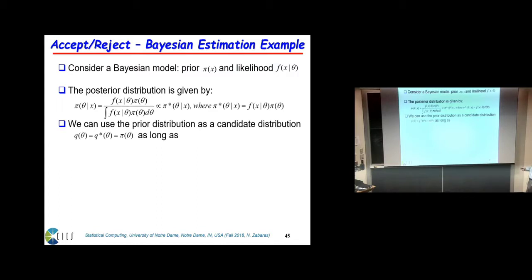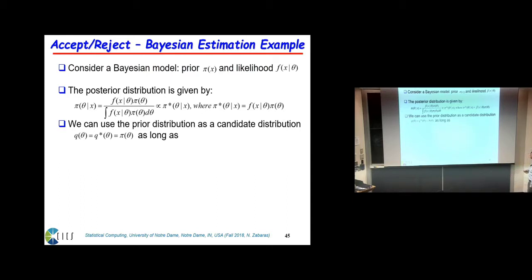And if you think about it, that makes sense, because the prior is before you have seen any data, so it's a very broad distribution. The posterior, as you collect data, becomes narrower and narrower, okay? So really the prior is on top of the posterior.